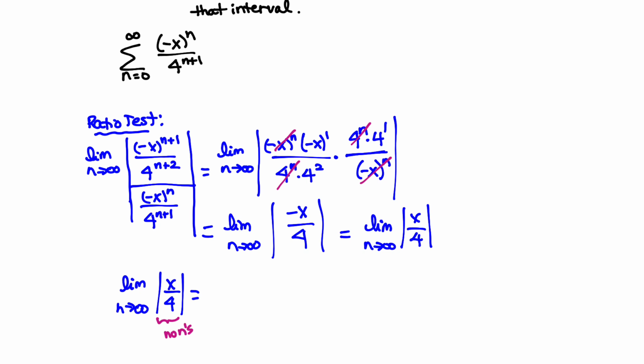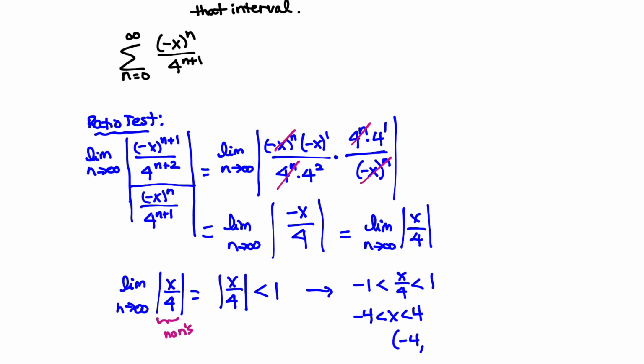So this limit is simply going to be the value of that constant because there's no n's to put it into. And we want to say that's less than 1. That creates the tripartite or three-part inequality like this. And so I think you guys are all getting that the interval of convergence for this power series would be negative 4 to 4.